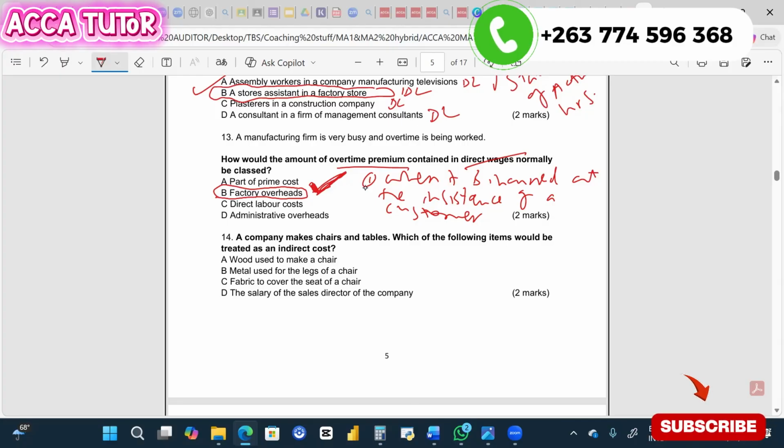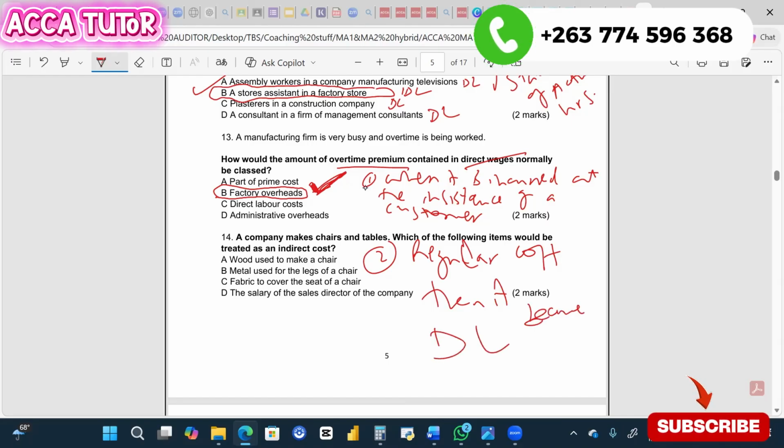The other thing, sometimes the factory is going to be busy throughout the year. So when the overtime becomes a regular cost, then it becomes DL, direct labor.